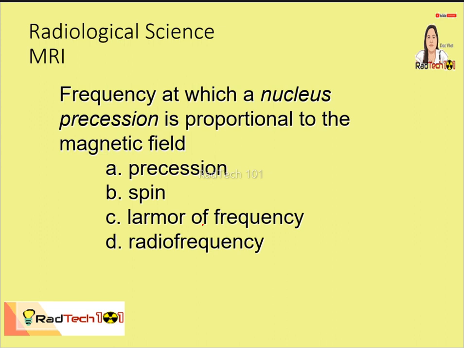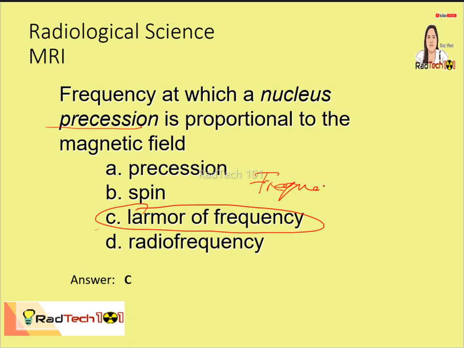Next, frequency. Frequency at which a nucleus precesses is proportional to the magnetic field. So that is Larmor frequency. So, Larmor frequency, ito siya.